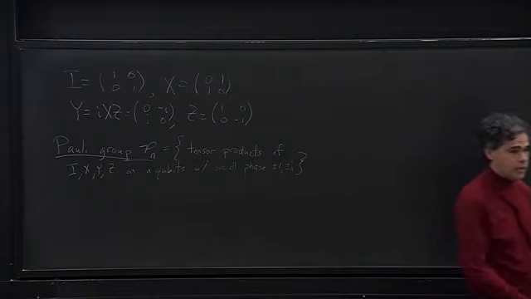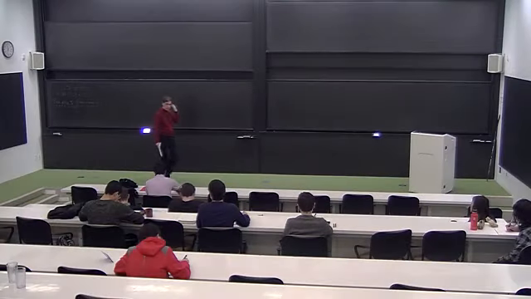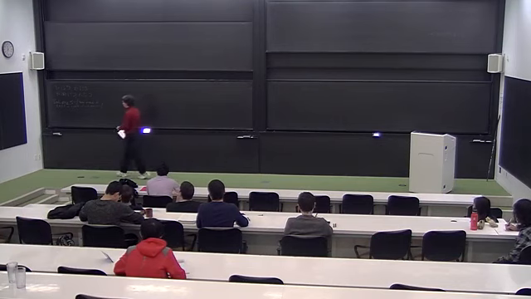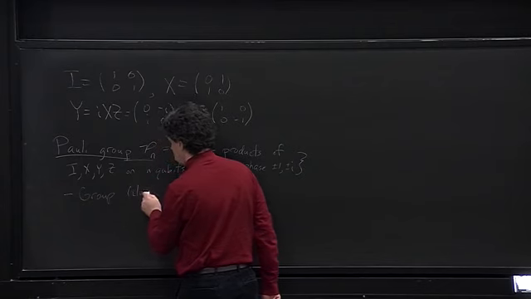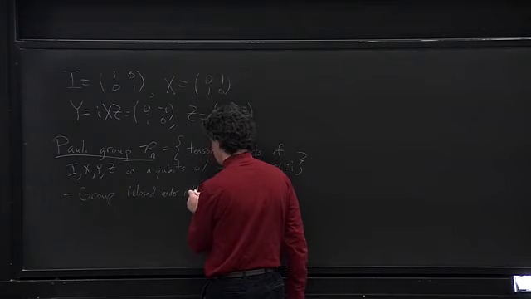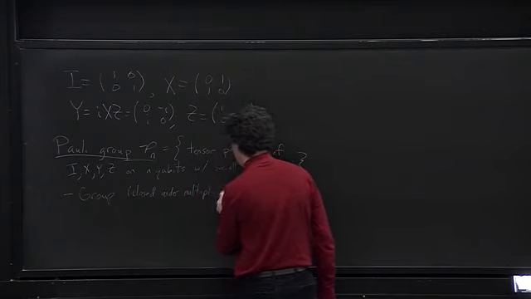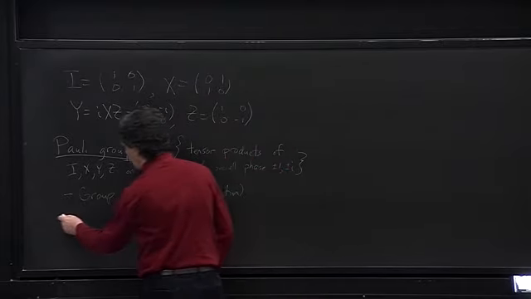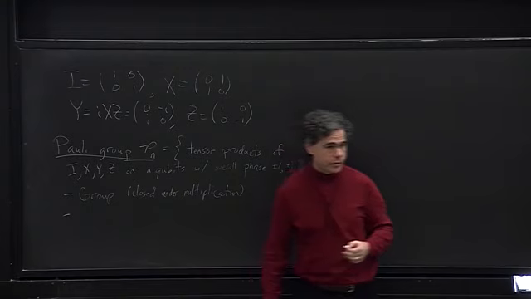OK? And this Pauli group has a lot of nice properties, and we're going to be using some of those properties today when we talk about error-correcting codes. So first of all, it is in fact a group. It's closed under multiplication. The other thing about a group is it's closed under inverse.